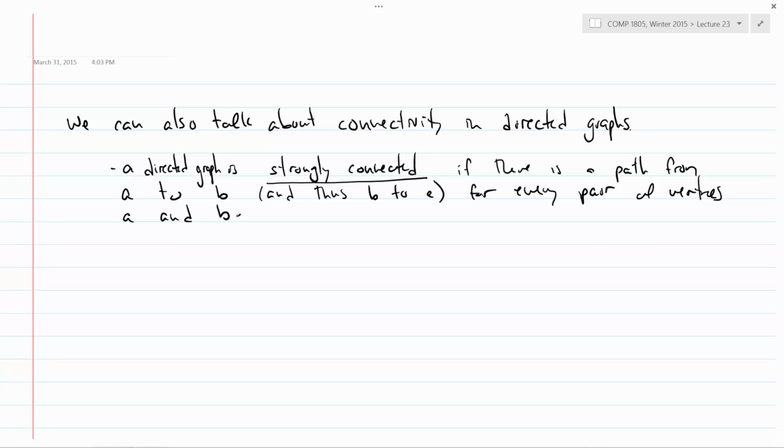And remember, paths have to respect the directions of the edges, right? They can only go along the edge in the direction that it is directed.